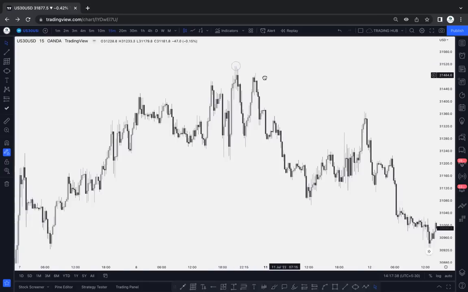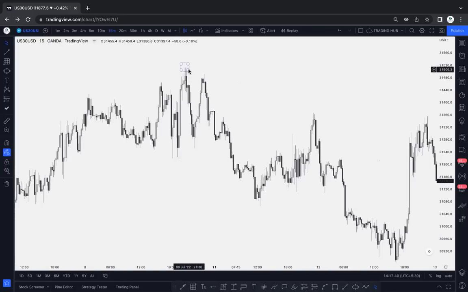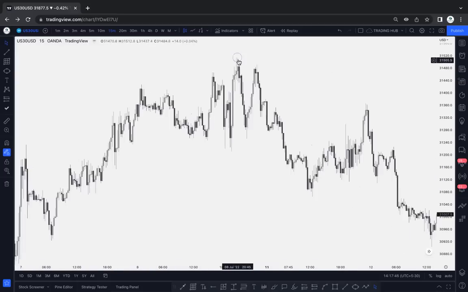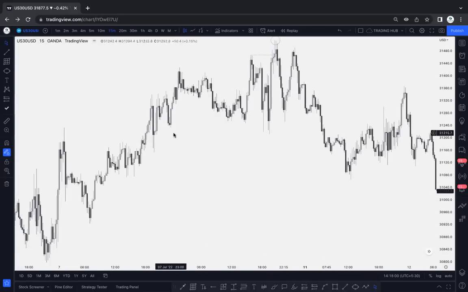I'm looking from here. This is our major high, which is here. This is the last high, which was broken by this one. So generally this is our higher high in terms of this bullish structure.